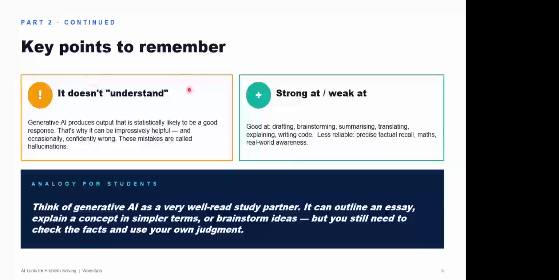Generative AI will produce outputs that look like a good response, but in fact the outputs can sometimes be wrong, and this kind of mistake we call hallucinations.